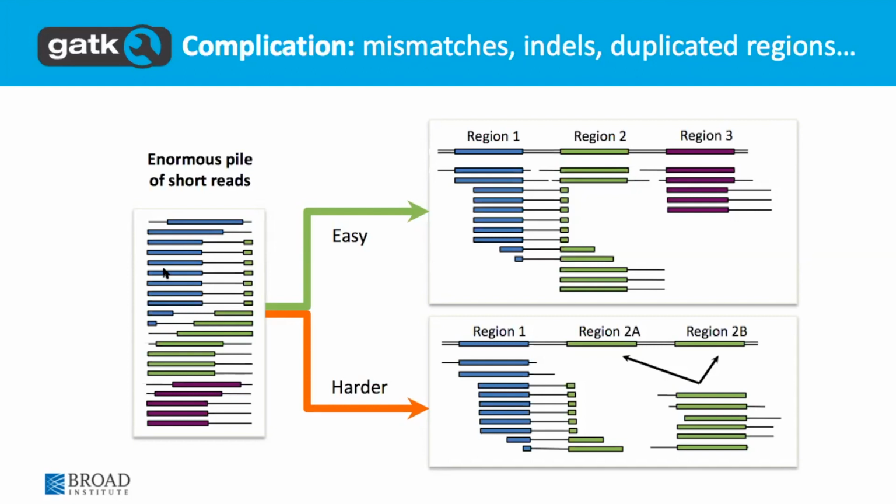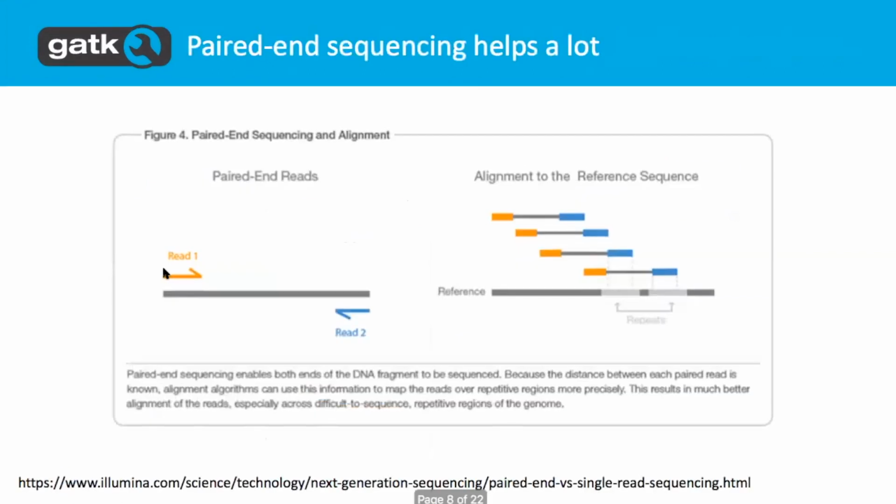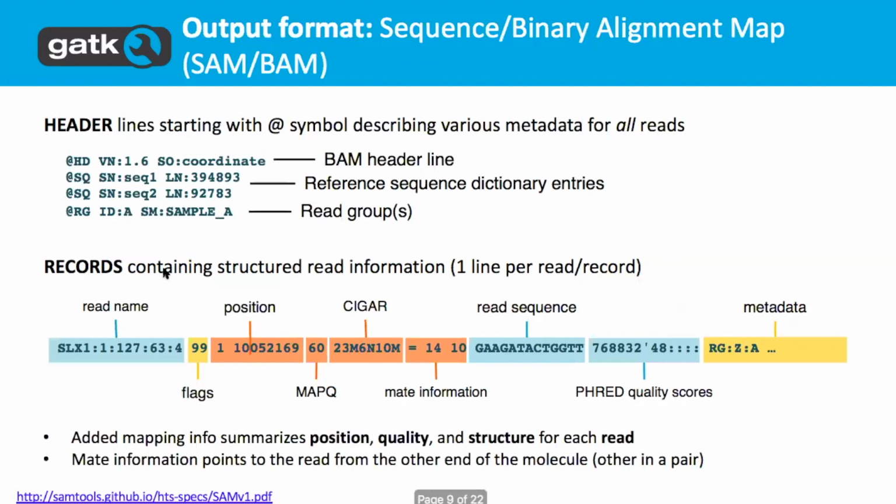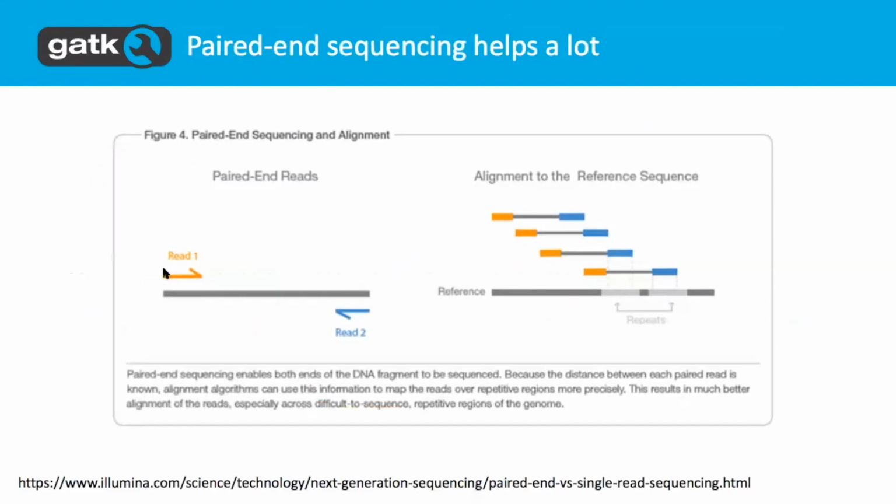Then your aligner is confused. Where do these reads fit? Should it go to 2A or 2B? To get around this, we have paired end sequencing. When you have paired end sequencing and there are duplicated regions in your reference, using the read 1 and read 2 pair, you can fit it on the reference more easily.